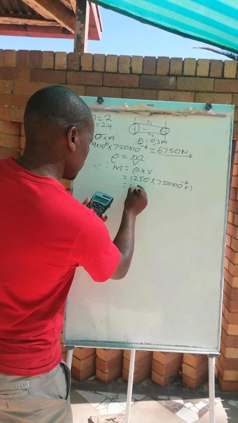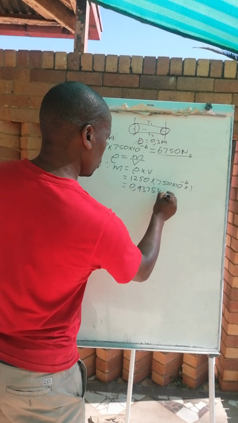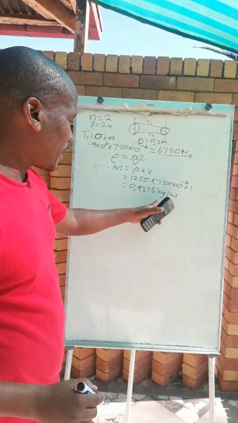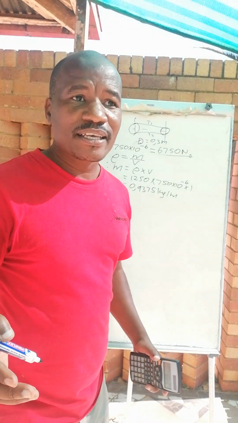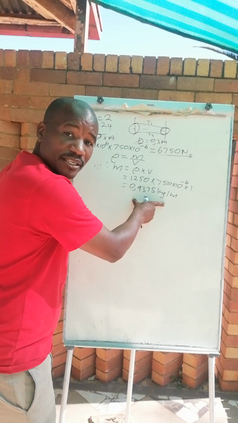It is equal to 0.9375 kilogram per meter of length. We've been saying that all this time.